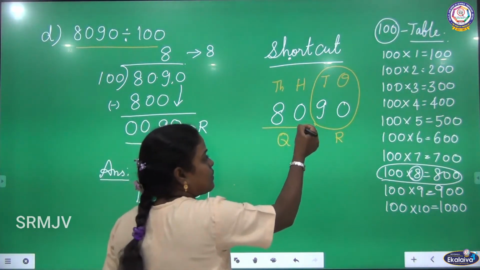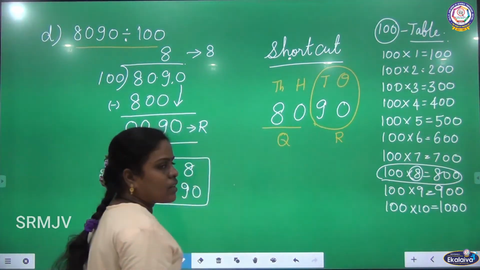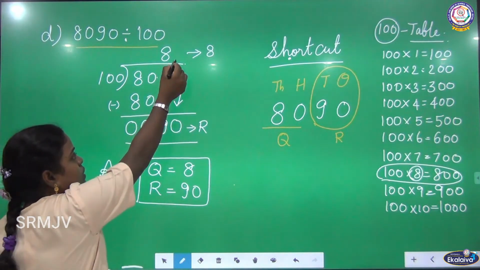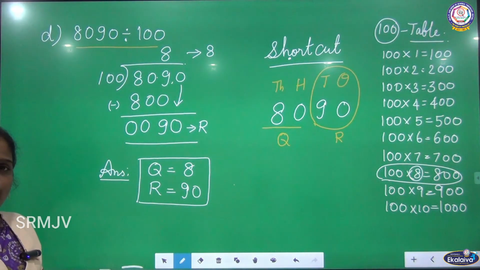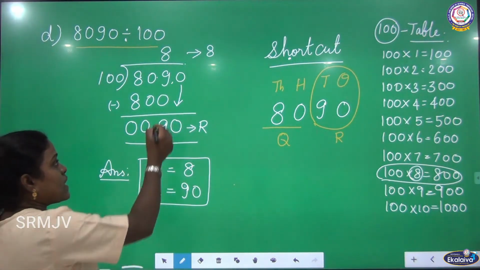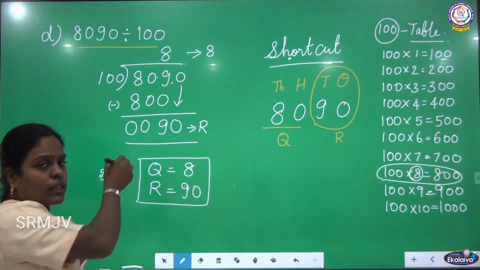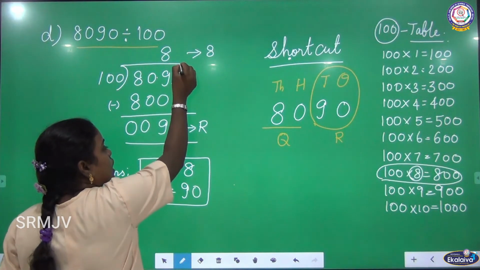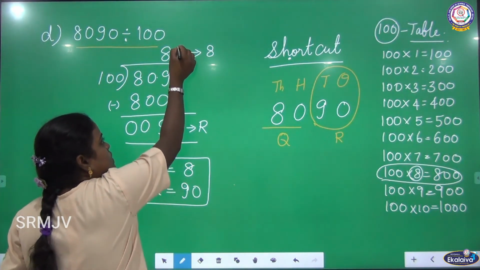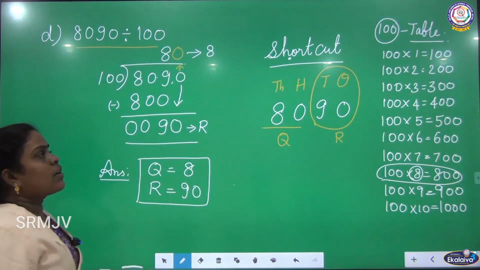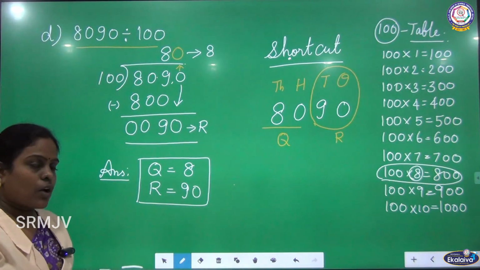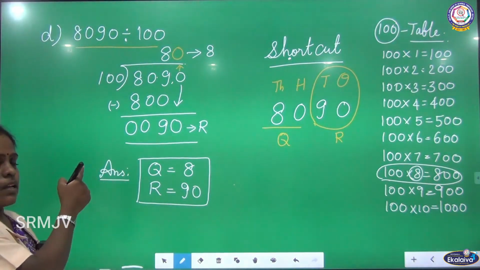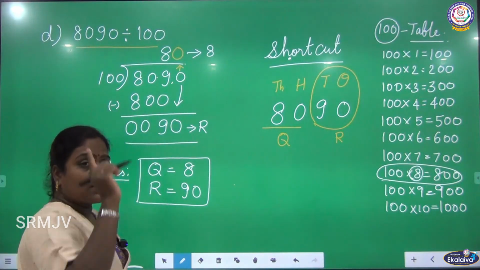Here listen children, we are getting 0 here. Where is the 0 in this quotient? Yes, here we have only 0 in the dividend. So in this case, we have to write down the 0 in the quotient. Okay, is this clear? Here we have only 0.